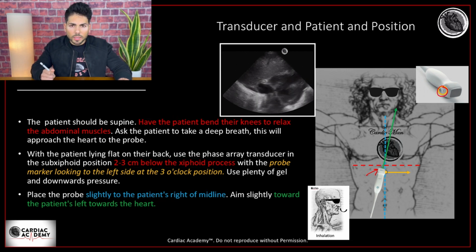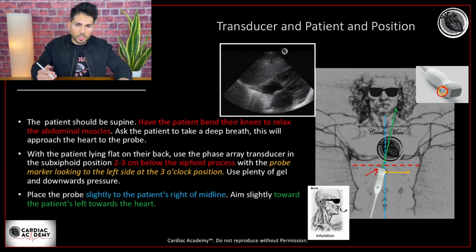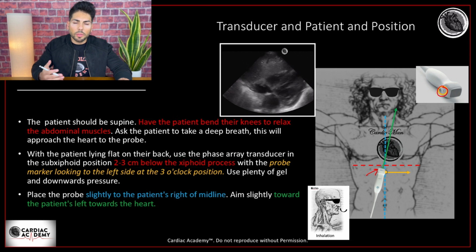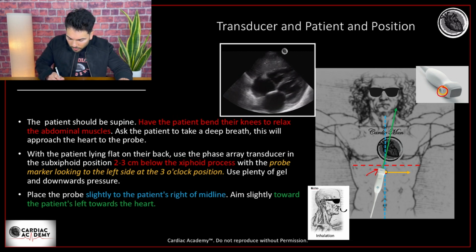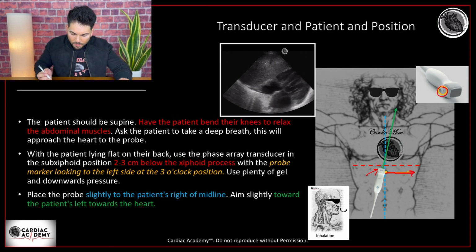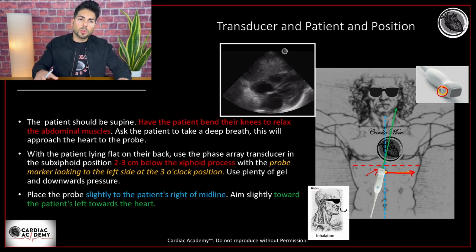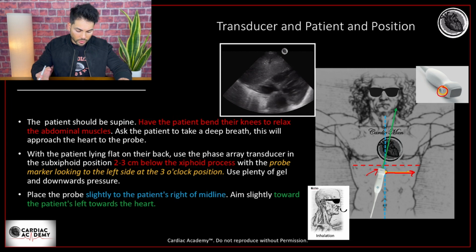That indicator should be looking towards the left, as if you divide the patient's abdomen into a clock, it should be at 3 o'clock, just like we see here, okay? And once you do that, your probe should be almost flat, contrary to what we've seen before, okay?